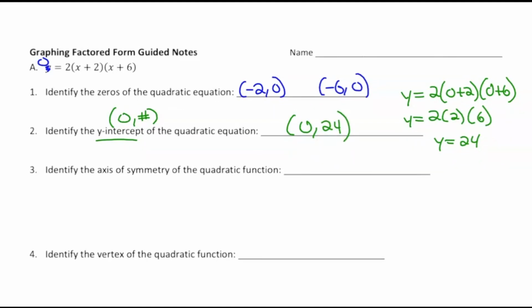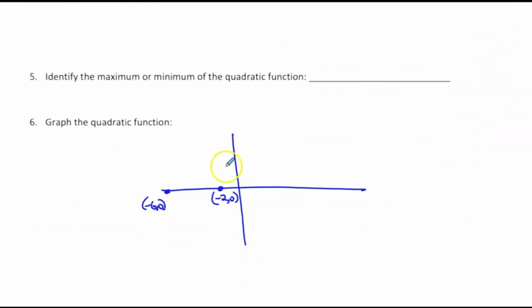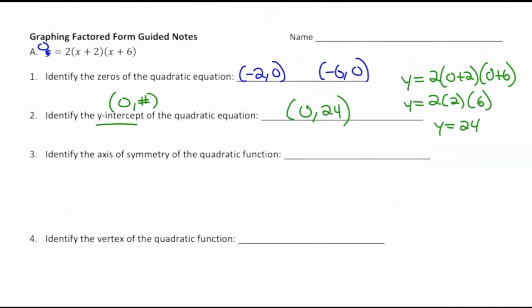I have another piece of information I could add to my graph. So I know up here, we're going to have a point 0, 24, which also means somewhere over here, let's see, if that's 2 away, I could go to -8, 24, using that we know parabolas are symmetric.